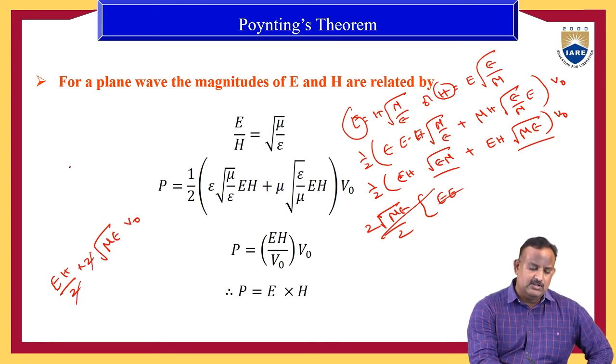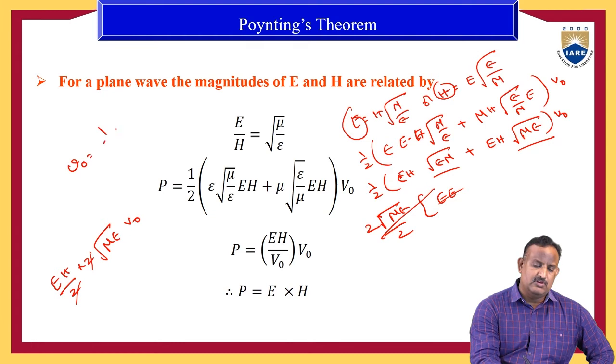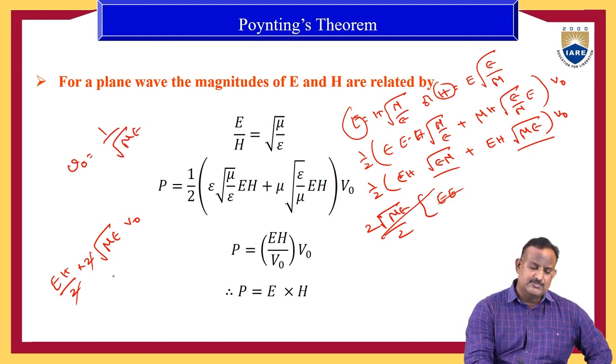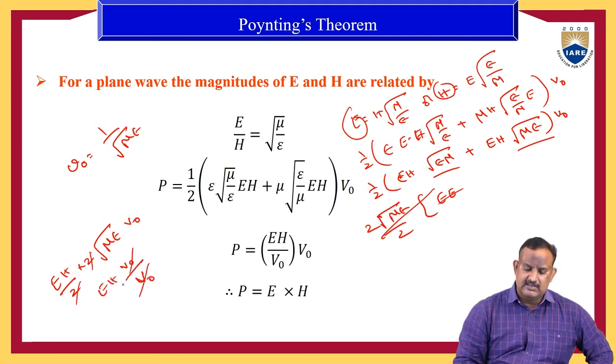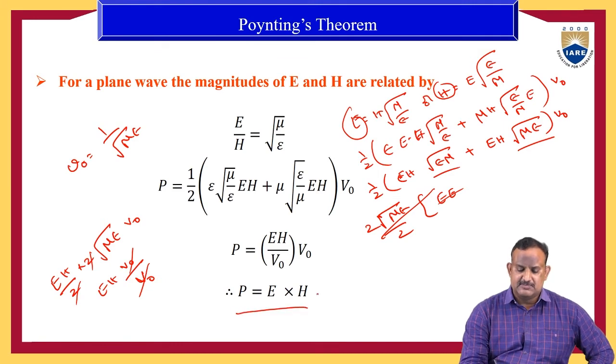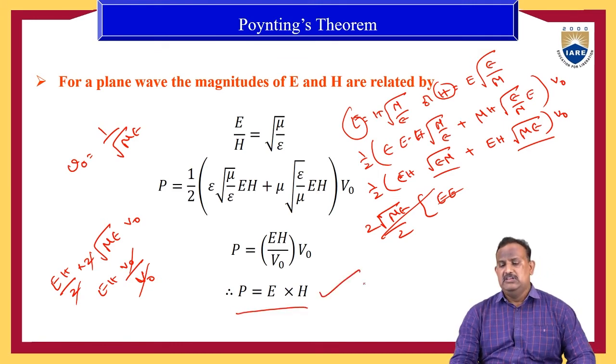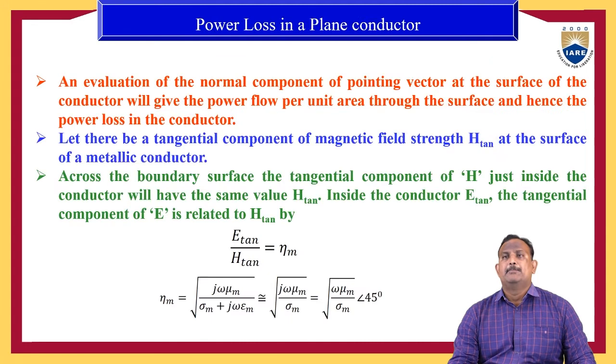The velocity v naught is equal to 1 by root mu epsilon. Therefore, in place of root mu epsilon, we can write 1 by v naught, and the v naught by v naught cancel each other. Finally, we can express the power as P equal to E cross H, which is nothing but the Poynting theorem.